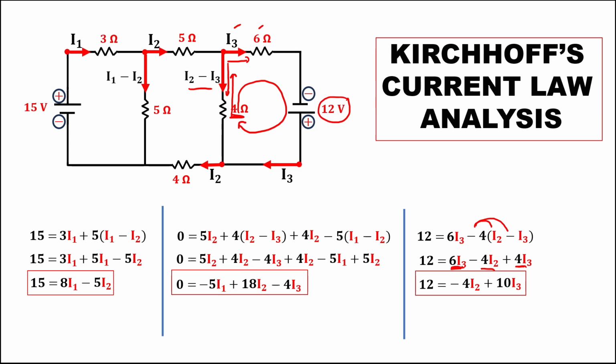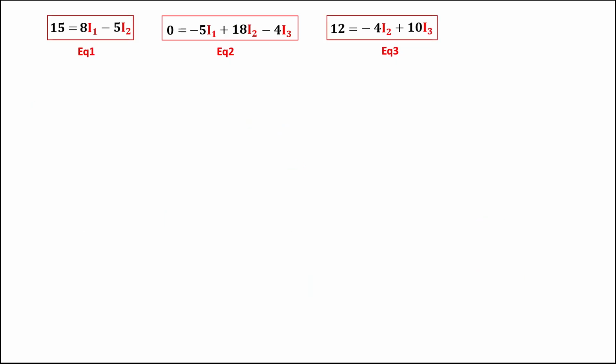From these three equations, observe that in equation number 1 and equation number 3, there is a common current 2. Therefore, in equation number 1, we need to solve for current 1, and in equation number 3, we can solve for current 3.